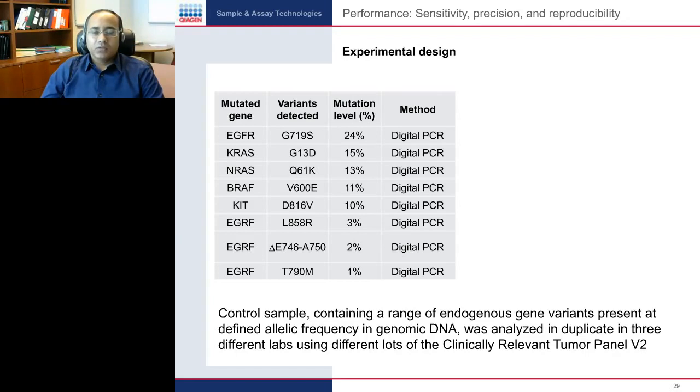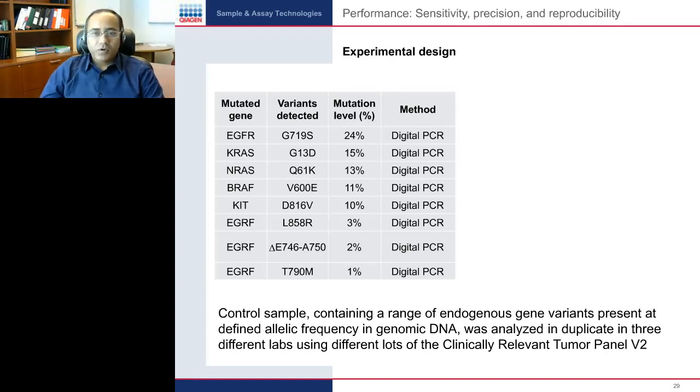We picked a range all the way from 1% to 24%, and then analyzed that sample in duplicate in 3 different labs using different lots of the clinically relevant tumor panel.